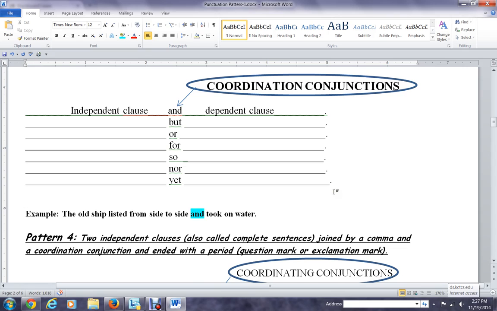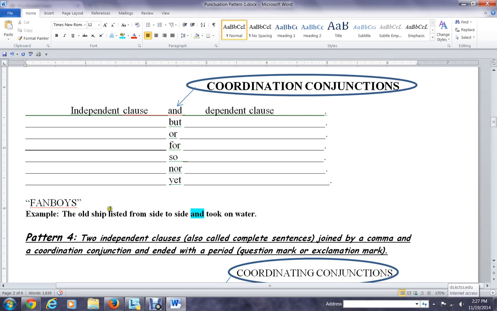But one way to remember it would be a mnemonic device: FANBOYS. For, and, nor, but, or, yet, and so.